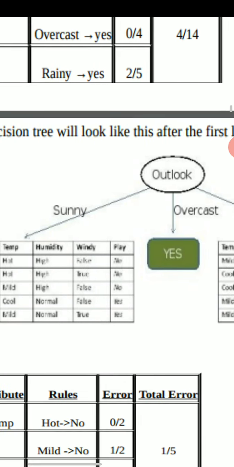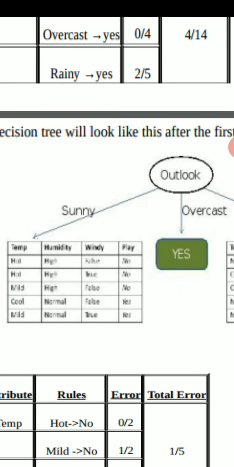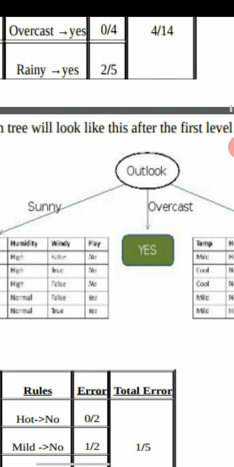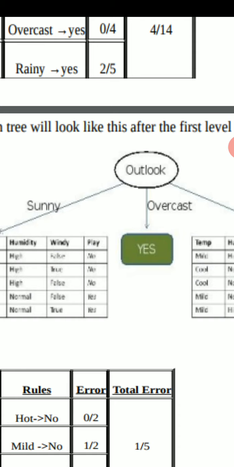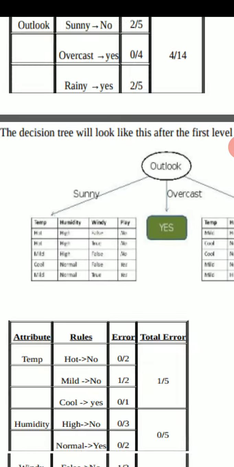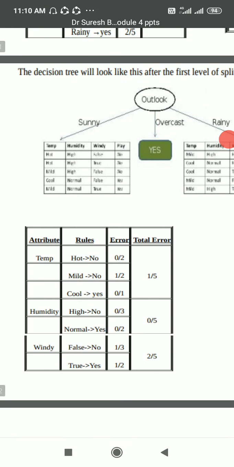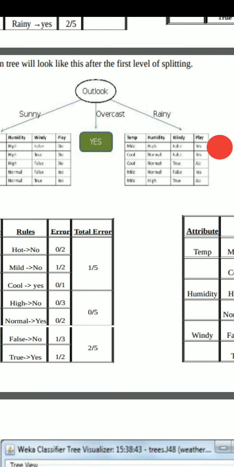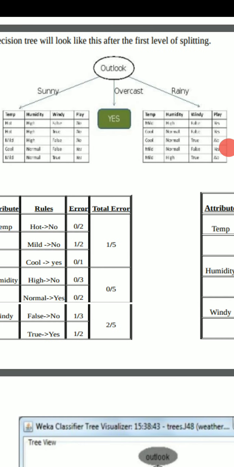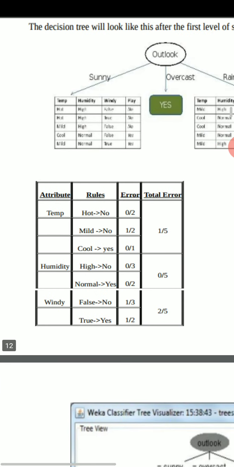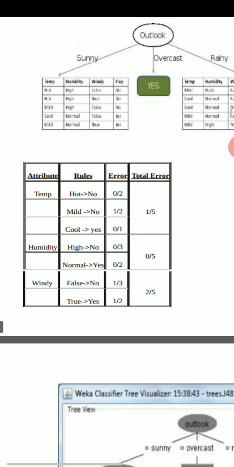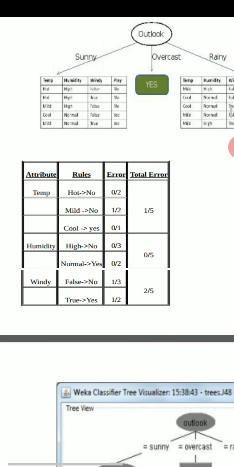So what are all the temperature values? Among these, for the first instance, outlook overcast, the decision is yes. Similarly you have to do it for attribute temperature, then for humidity, and proceed for windy.